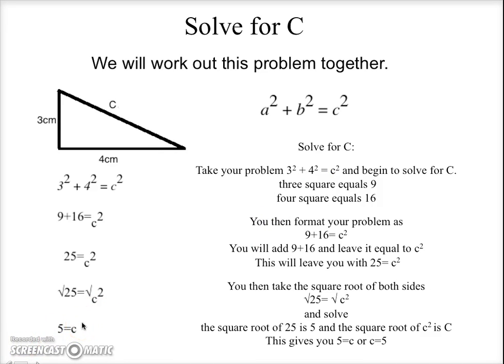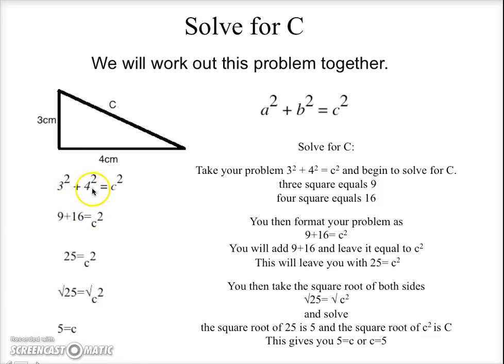Solve for C. We will work out this problem together. A squared plus B squared equals C squared. Now, this is the same equation we just did before, but here they're going to show you the steps of doing so.